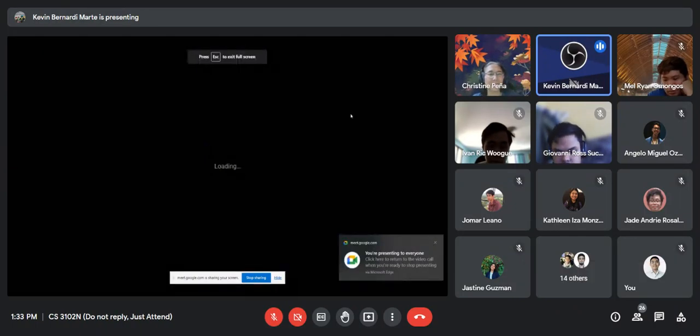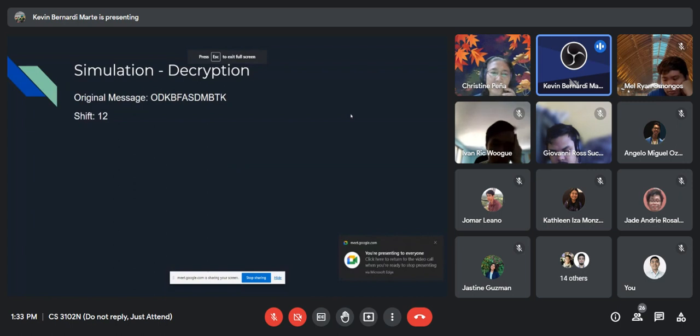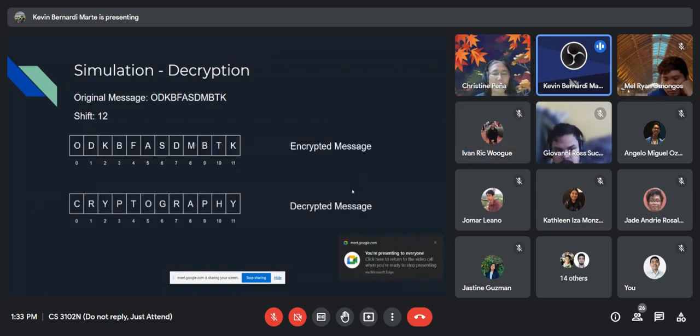So let us continue where we left off with cryptography. As a recap, Caesar cryptography is a technique where each letter in a message is shifted by a fixed amount according to the alphabet to yield the encrypted version of that letter.